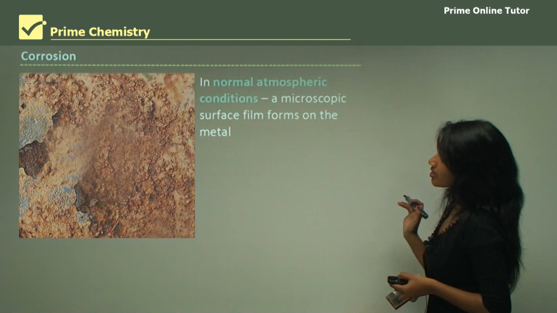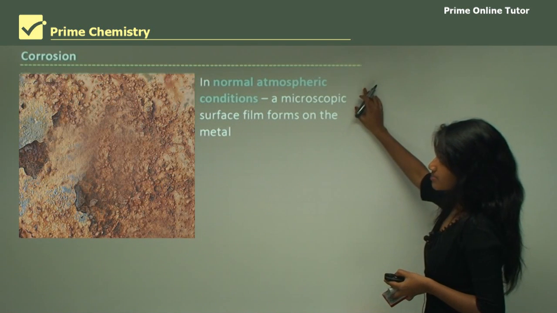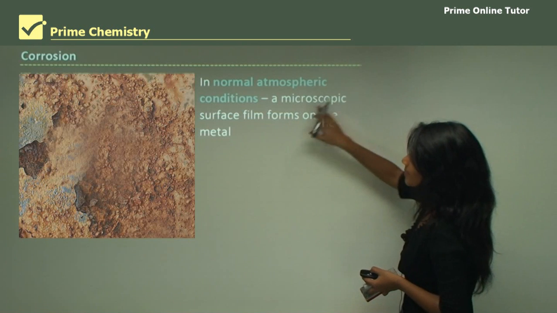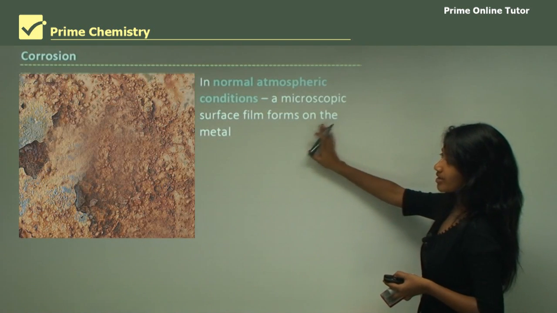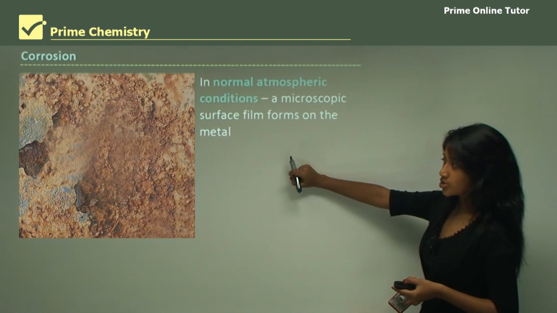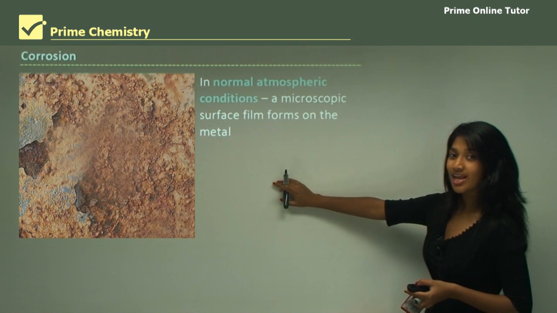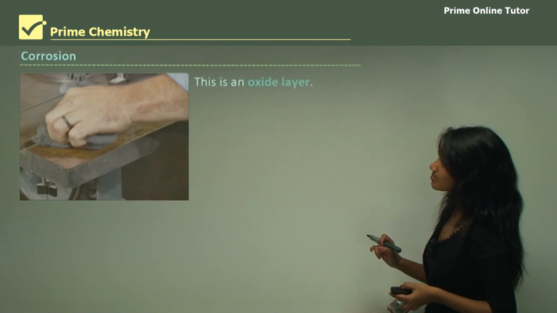In normal atmospheric conditions, a microscopic surface film forms on metals. As you can see in the image, there's a very tiny microscopic oxide layer forming on metals.